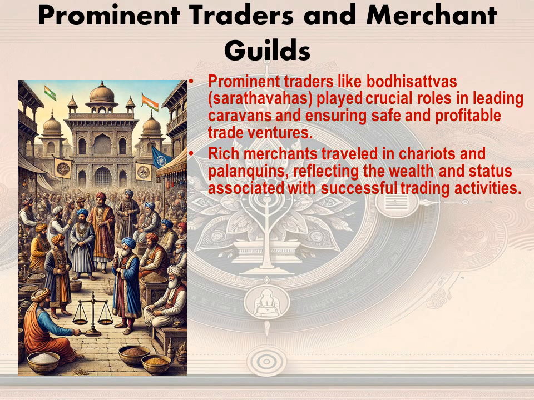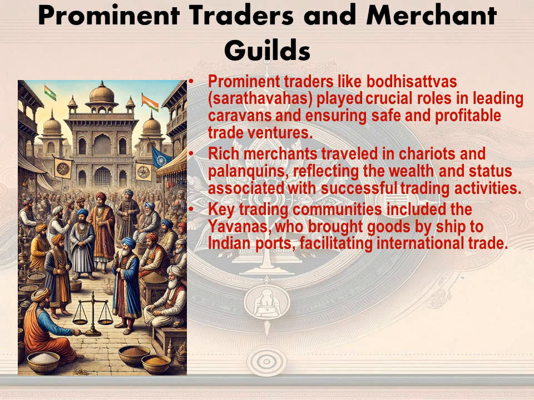Rich merchants traveled in chariots and palanquins, reflecting the wealth and status associated with successful trading activities. So, people who were very rich because of trade used to travel in chariots and palanquins, and thus we get a reflection of wealth and status because of the commercial activities.